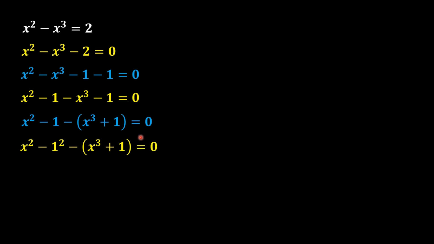Now in the next step we should make the square of both of these values x square minus 1. In the same way we should make the cube as x cube plus 1 of both of these values. As we know that the a cube plus b cube formula is a plus b into a square minus ab plus b square.